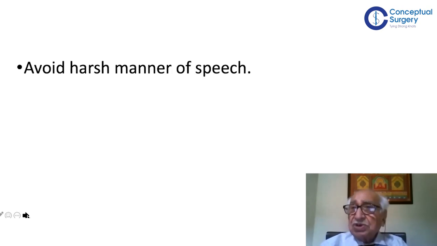They would talk to them as if a landlord is talking to a peasant, which is very, very bad. You must talk to them in a very gentle manner. Use good terms, avoid a harsh manner of speech. This is important. It ensures the patient's confidence in you that here is somebody who is patient and listening to me.